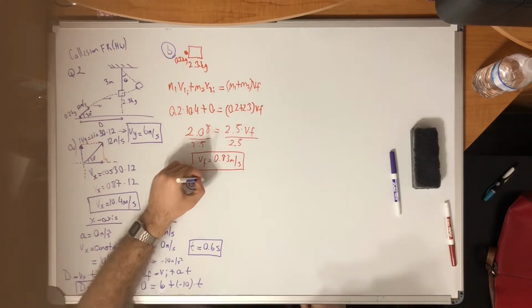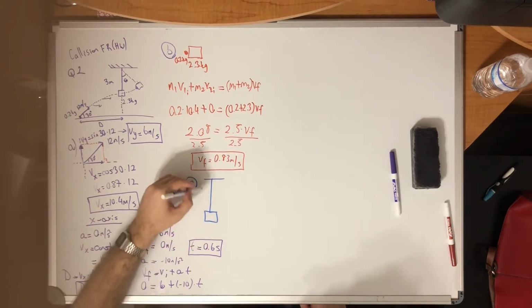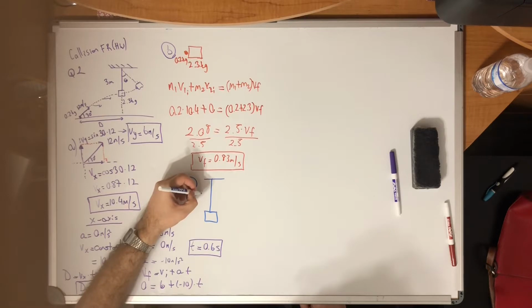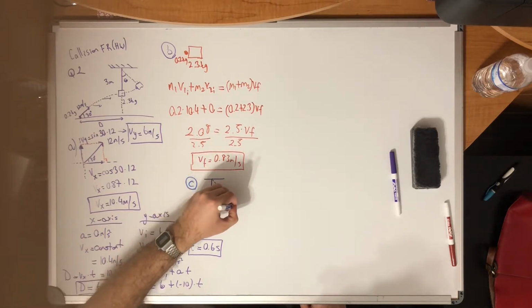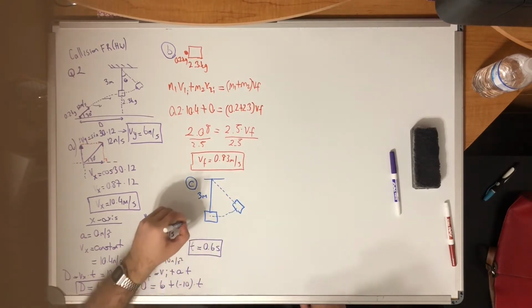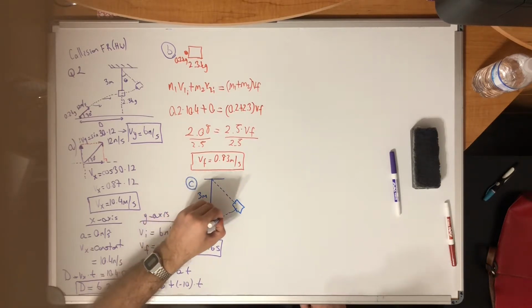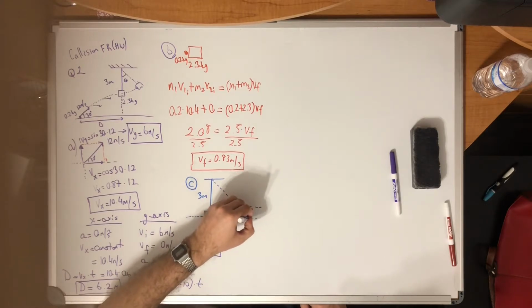We have an object that is 3 meters below the ceiling, and this guy is going to go some distance up because of that clay. So we will try to figure out this rise, how much it went up.